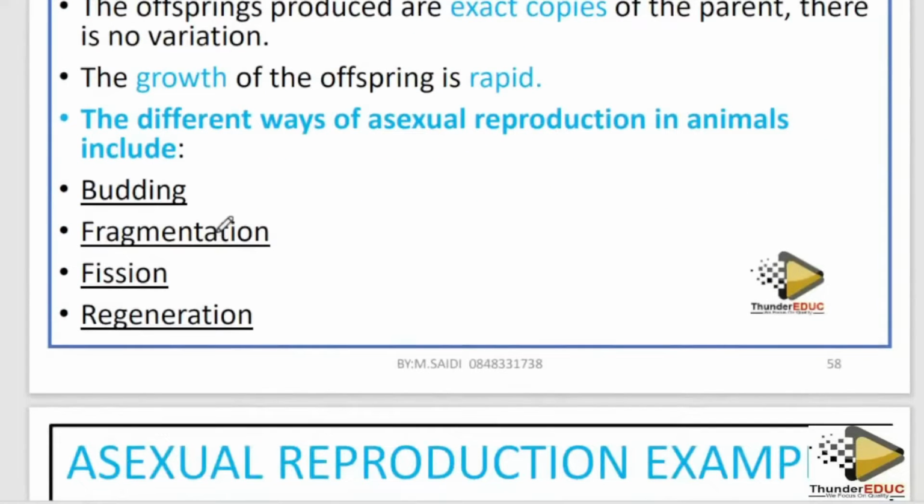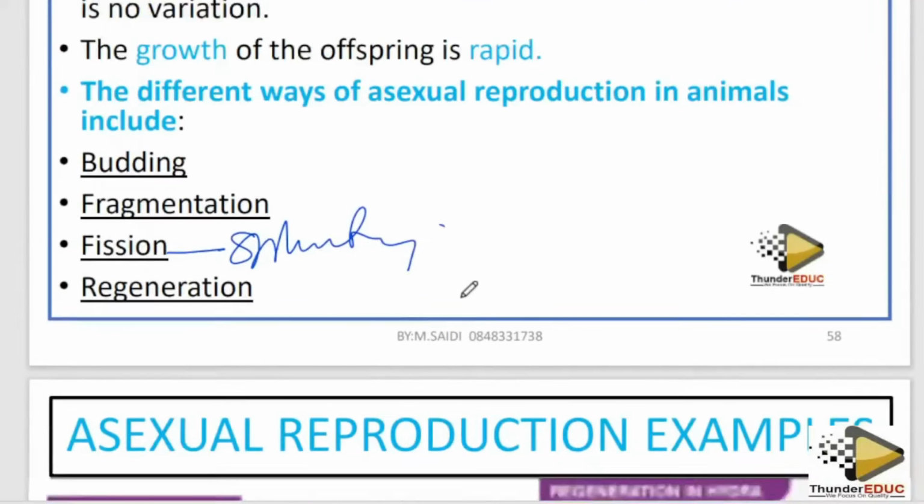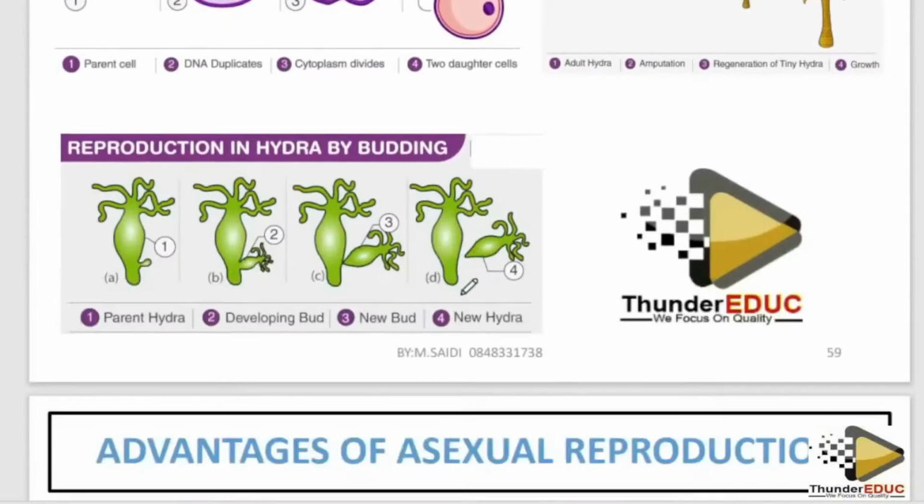Examples of asexual reproduction are budding, fragmentation, fission. Hey, don't confuse fission with fusion. Fusion means combining, while fission is splitting. So please don't confuse the two. Yes, regeneration. So these are examples.